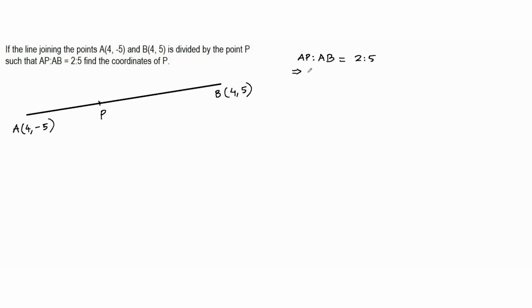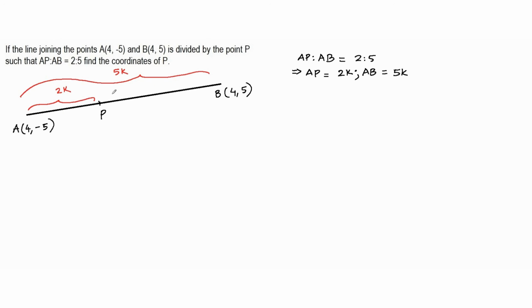So what this means is, if k is the common ratio, I can consider AP as 2k and AB as 5k. Therefore, this particular length will be 2k and the whole length AB is given by 5k, right?